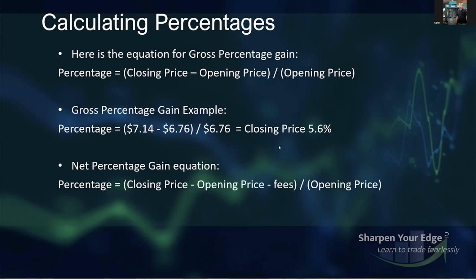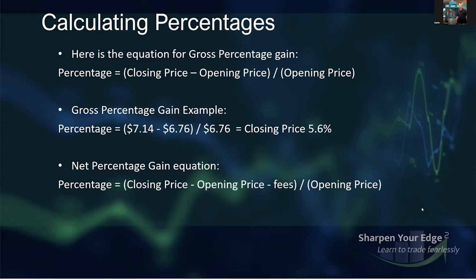Now, that's going to get you like 98% of the way there. The net percentage gain is really what you want, and each one of us is different depending on what our fees are for the trades. You want to do the closing price minus the opening price, then subtract off the fees, then divide that by the opening price.